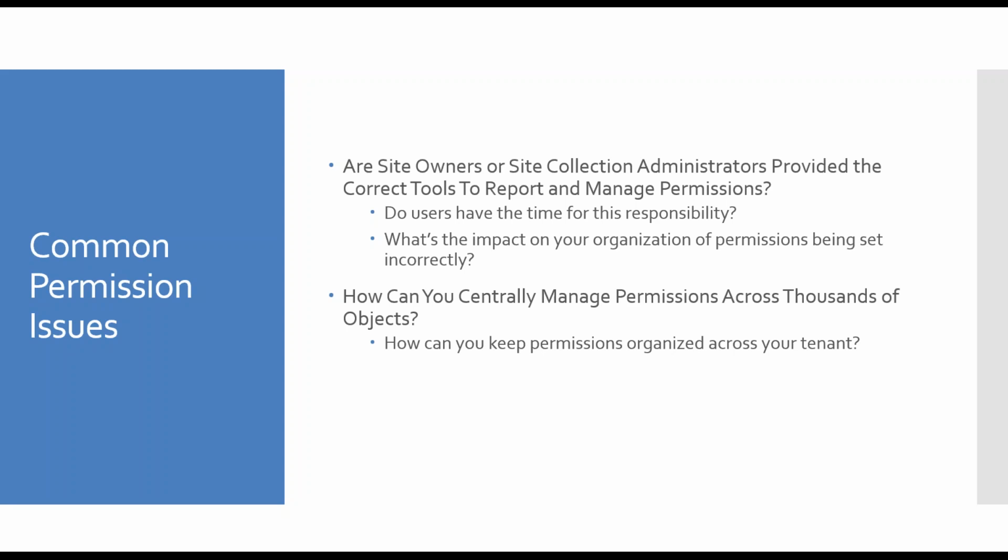But there's a bit of a disconnect in the fact that most of those permissions, especially in SharePoint on-premises, were governed through the use of Active Directory security groups, and that posed one problem for site owners. When you went to produce a permissions report inside a SharePoint team site or a list or library, it was kind of obscure. You couldn't see exactly who the members of those AD groups are.